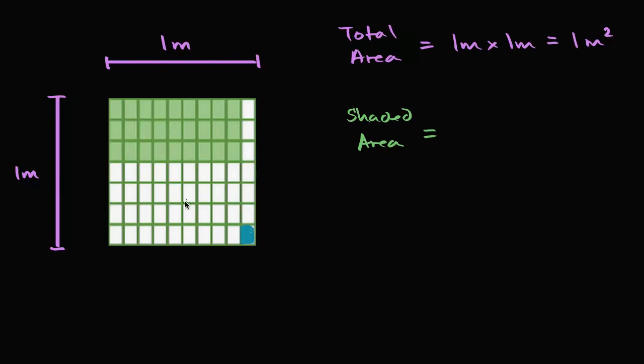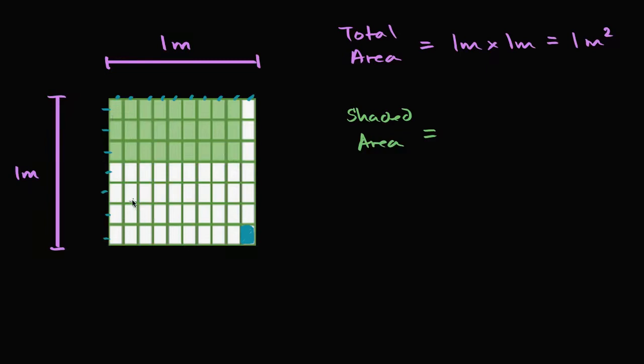So we could try to count them out, or we could say, I have 1, 2, 3, 4, 5, 6, 7, 8, 9, 10 columns, and each column has 1, 2, 3, 4, 5, 6, 7. So we have 10 columns of 7, or we have 70 of these rectangles.